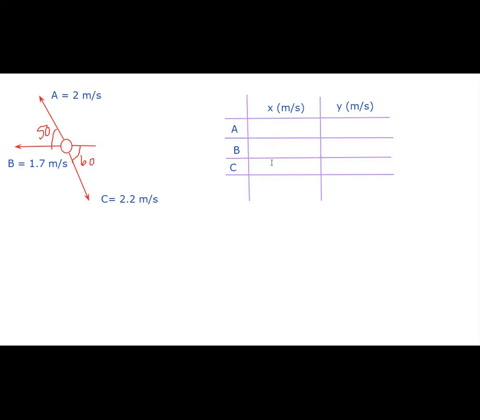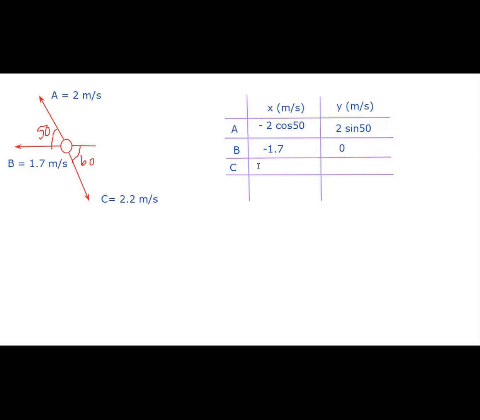Now we got to fill in our values for our components. We'll start with A. Well, A has a negative X, positive Y. So this is -2 cosine 50 and +2 sine of 50. B has a negative X, -1.7, and Y is 0.